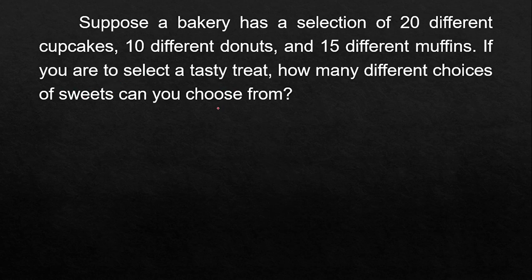So you can apply the addition rule here: 20 cupcakes plus 10 plus 15, that is 30 plus 15, so we have 45 choices of sweets. You cannot use multiplication here.